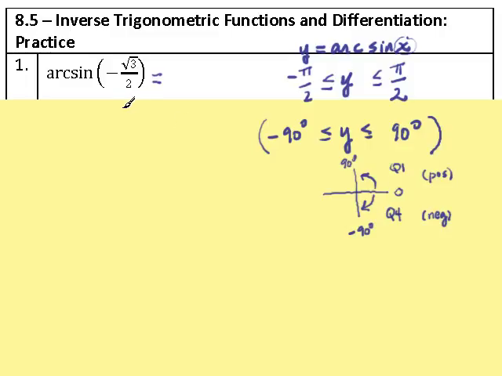We're looking for an angle whose sine is minus root 3 over 2 in this range. That would be an angle with reference 60 degrees, and in that range it would be minus 60 degrees, or in radian form, minus pi over 3.